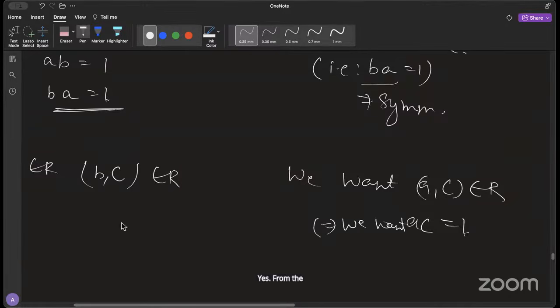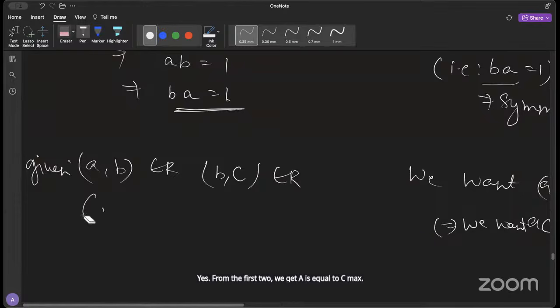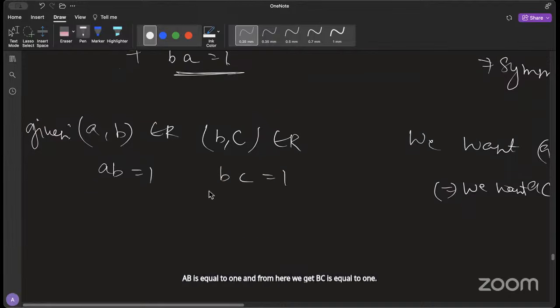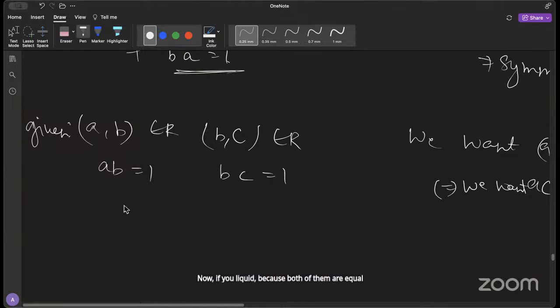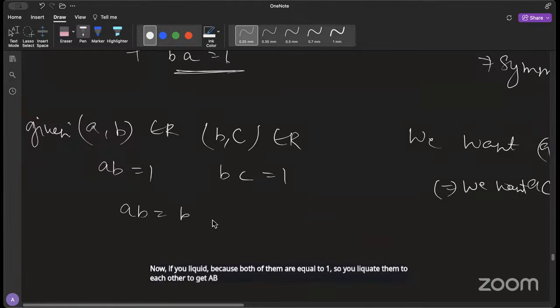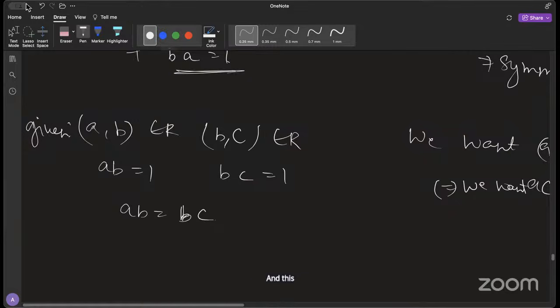From the first two, we get AB equals 1, and from the second we get BC equals 1. Because both are equal to 1, we equate them to get AB equals BC, and this gives A equal to C.